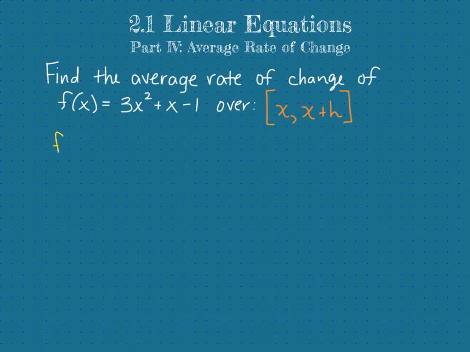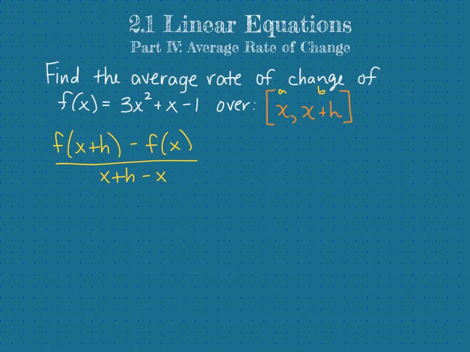We'll do f of x plus h, because this is our a and that's our b, minus f of x all over x plus h and then minus x. So again, we have f of b minus f of a over b minus a.